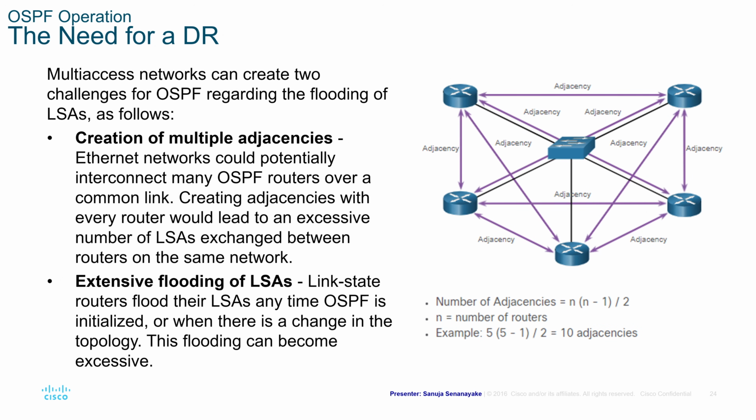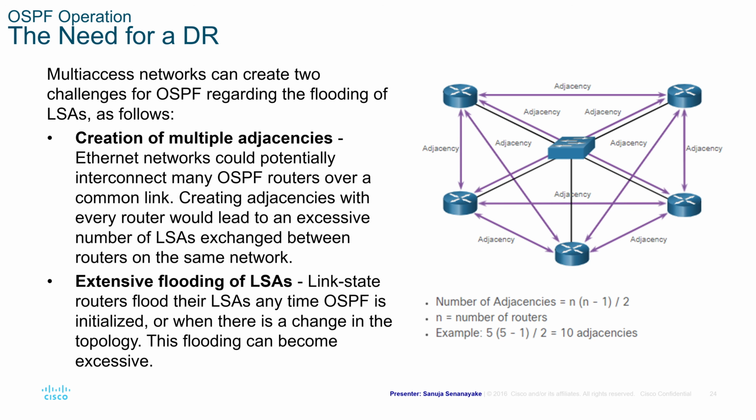The need for a designated router, or DR. Multi-access networks can create 2 challenges for OSPF regarding the flooding of LSAs, as follows. Creation of multiple adjacencies. Ethernet networks could potentially interconnect many OSPF routers over a common link.